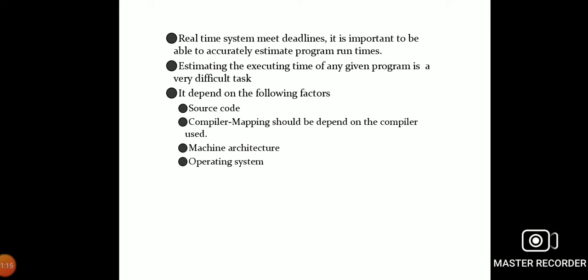It is important to be able to accurately estimate the program runtimes, and estimating the execution time of any given program is a very difficult task. It depends on the following factors: first, the source code, the compiler, the machine architecture, and also the operating system. For the source code, we have to analyze the requirements of the design at software and hardware level. The mapping depends on the compiler used.